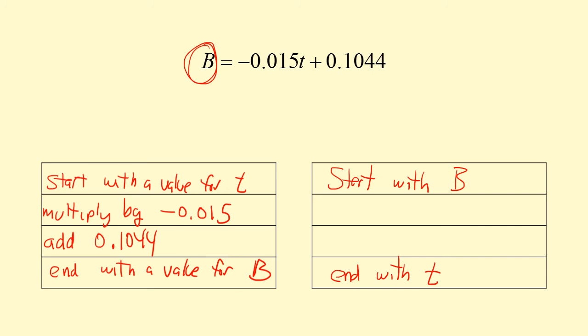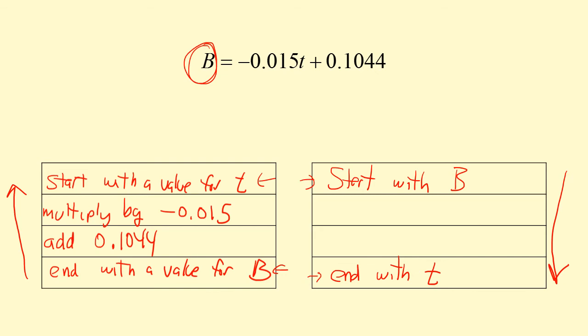So we see already how this is kind of similar to the situation with Thelma and Frank. Here we ended with B, here we started with B. Here we ended with T. Here we're starting with T. So to fill in these missing steps, we know just what to do. We're going to go up this list in the reverse direction, and as we copy these steps over, we're going to do them opposite.